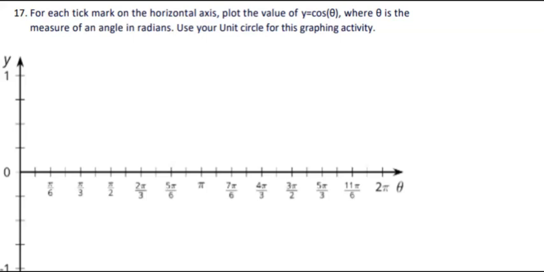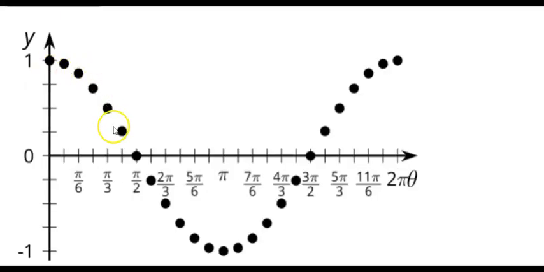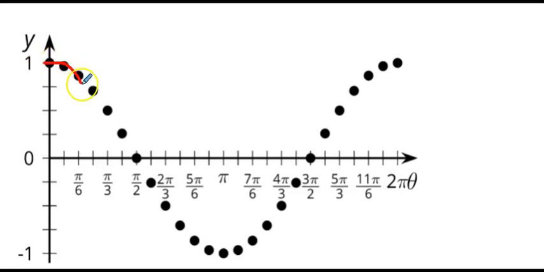For cosine, that'd be an x value, and you're supposed to do the graph in radians. So your graph should look something like this, with respect to our unit circle. And if you haven't connected the points, you need to connect the points. So the graph will look like this. This represents 1 period, which is 2 pi.